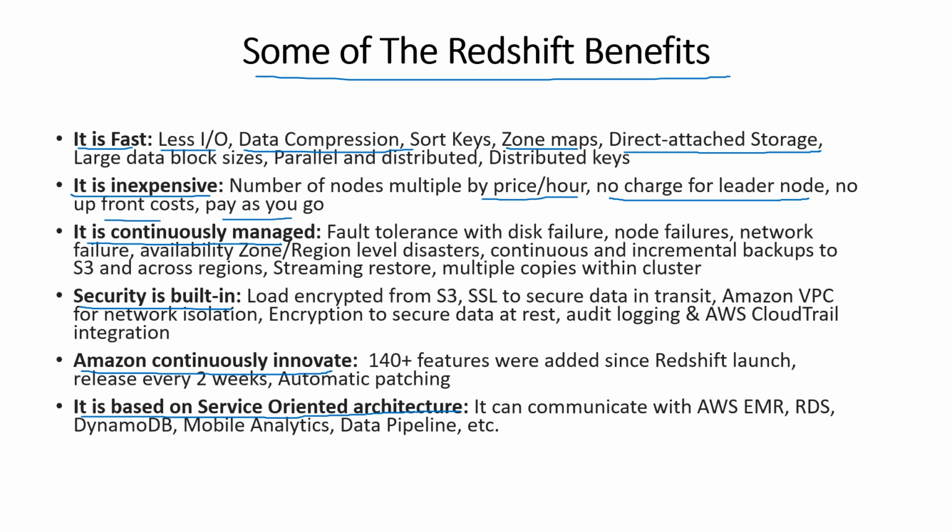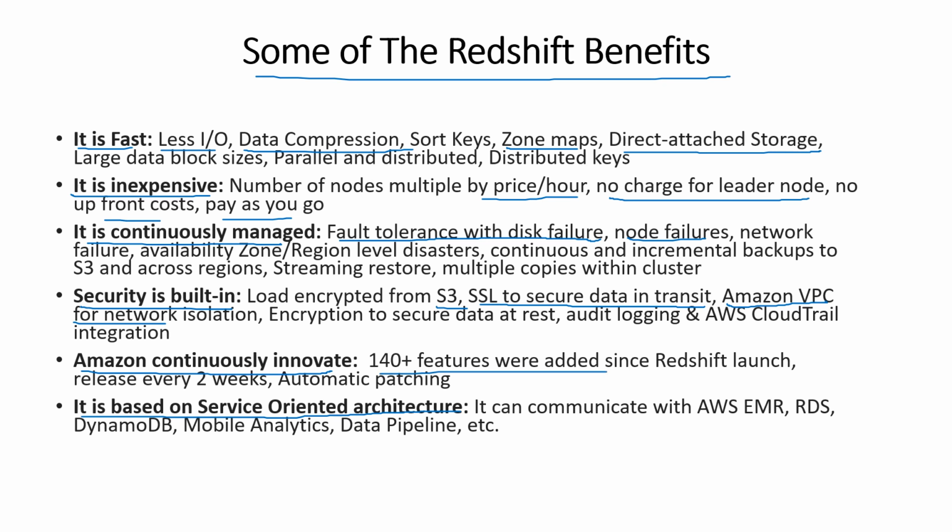It's continuously managed. It has fault tolerance with disk failure, node failure, and network failure. Security is built in: load encrypted data from S3, SSL to secure data in transit. It has Amazon VPC for network isolation and many, many more things. Amazon is continuously innovating. As of 2017, from the data that I gathered, 140 plus features were added.